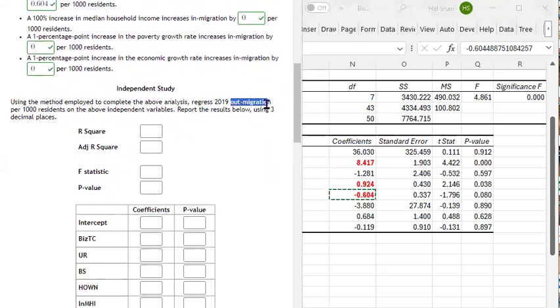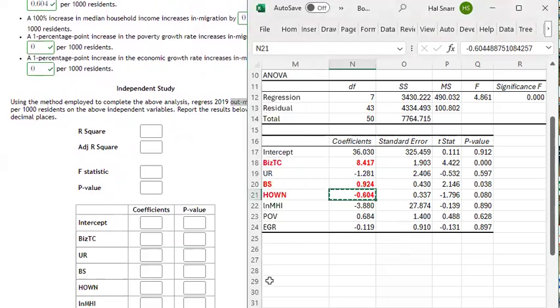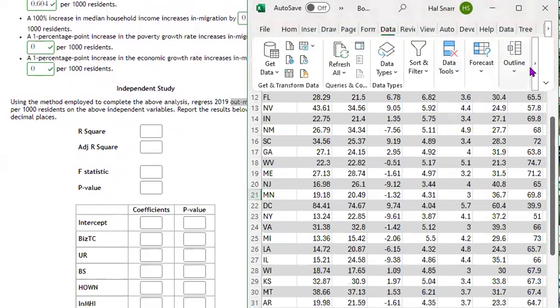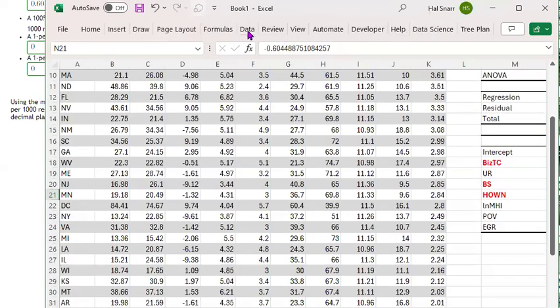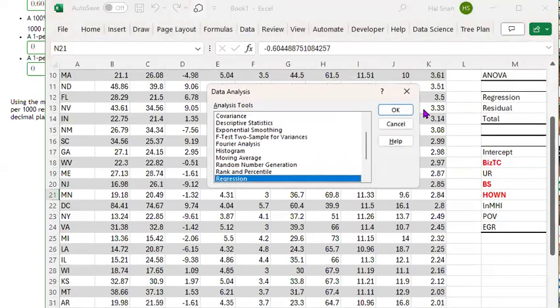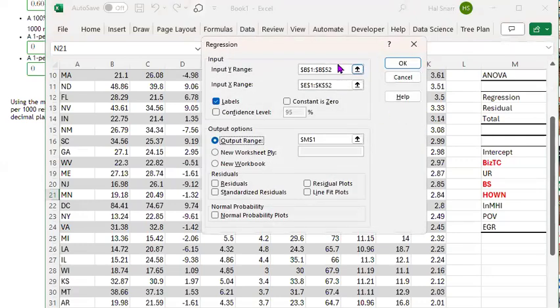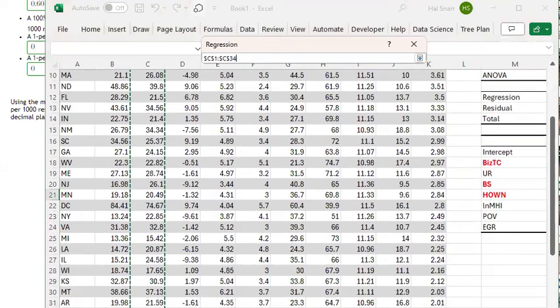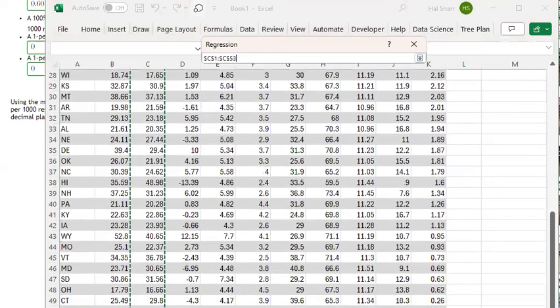And then I want you all to do the out migration. On the out migration, you're going to click on data, data analysis, and click on regression. Instead of using column B, you're going to use column C. So you're going to highlight everything from OMIG down to the last value in the column.